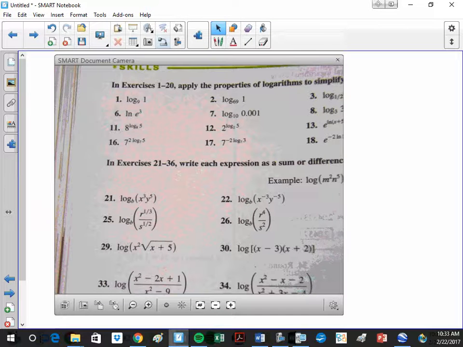It says 9 to what power is 1? 0. So number 1, the answer is 0. It just wants you to simplify, evaluate it without plugging it into your calculator.